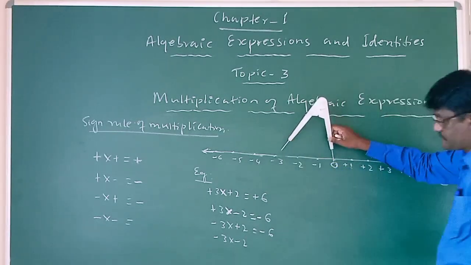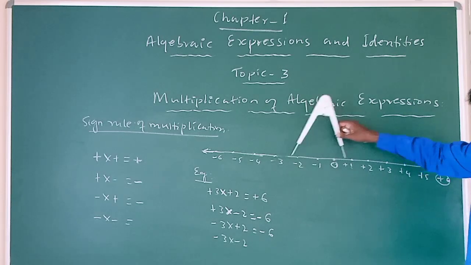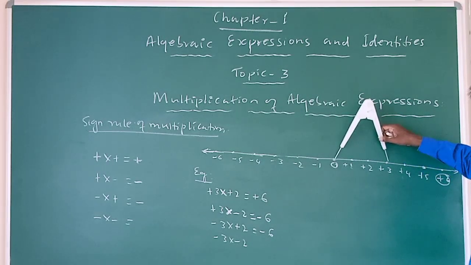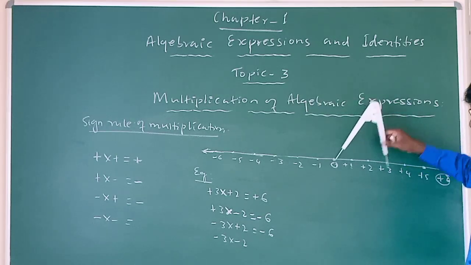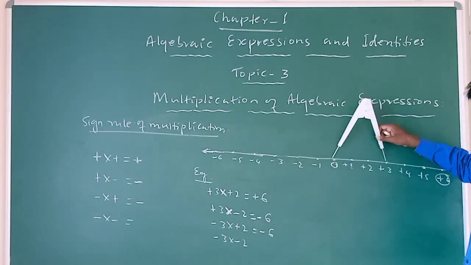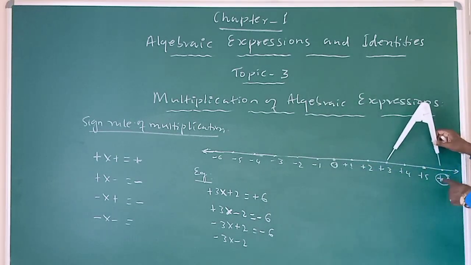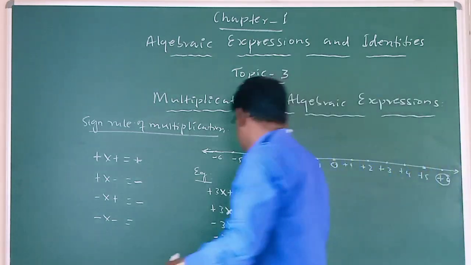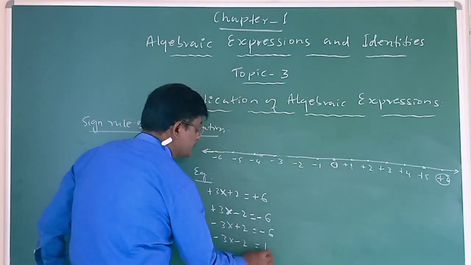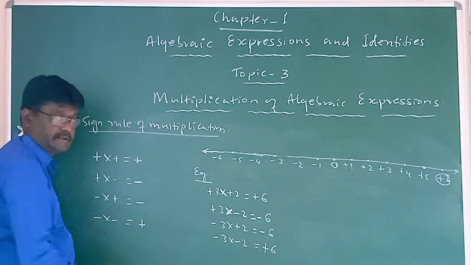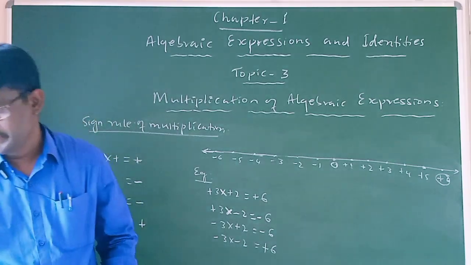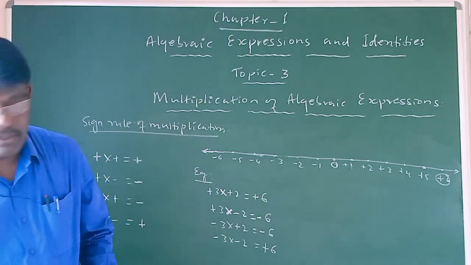Next, minus 2, hence let us go back 2 times. Minus means we have to go back, 2 times. Therefore, 1, 2, look at plus 6. So minus into minus becomes plus. Hence, we can get one simple idea.